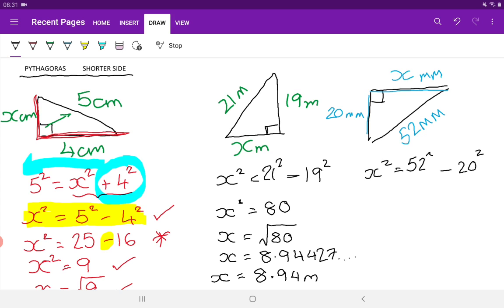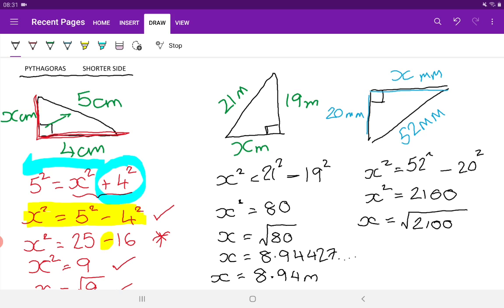So 52 squared take away 20 squared, type that into your calculator. You should get 2,100. Okay, now from there, x is the square root of 2,100. So we write that next. Remember, you need to write that down. You can't just leave it and jump straight to the next line.